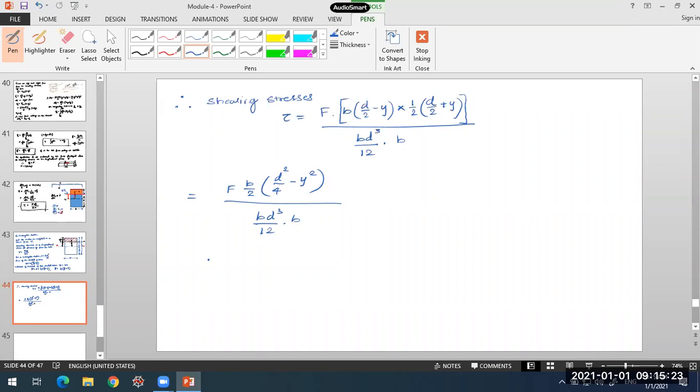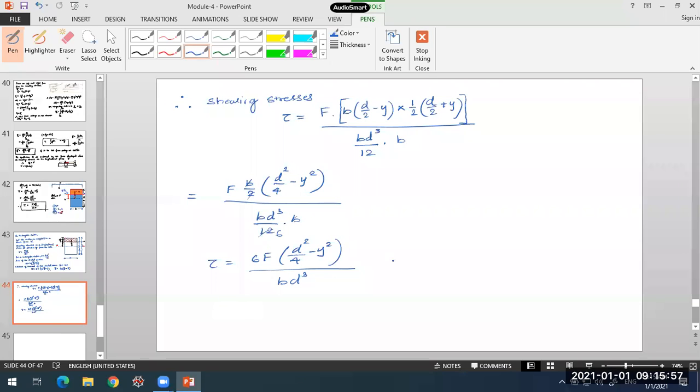Further, if I cancel out the terms, b and b will be gone, and the 2 and 12 will become 6. It gives me 6 F into d square by 4 minus y square, divided by b into d cube. This is our shear stress at any distance y from the neutral axis in a rectangular section.